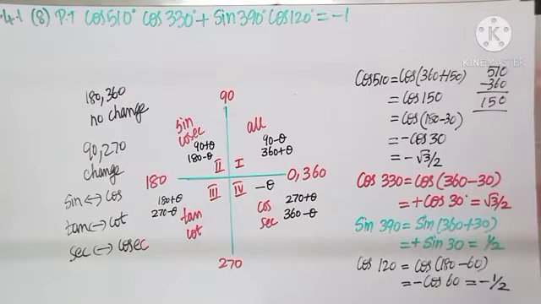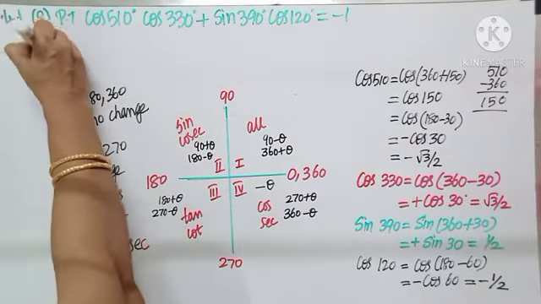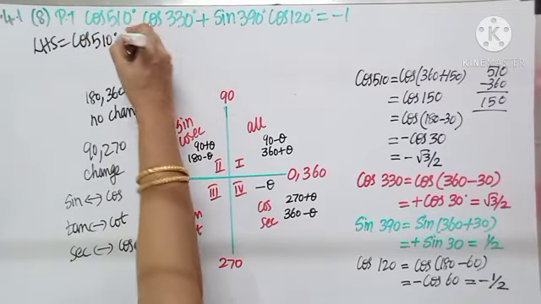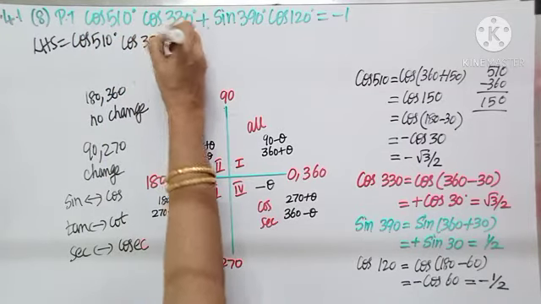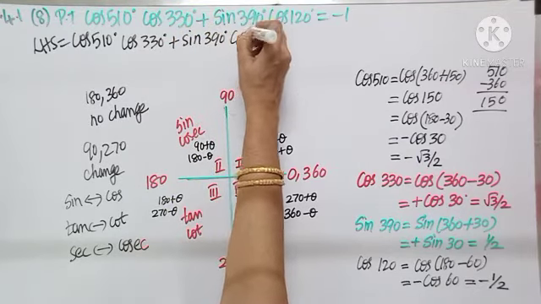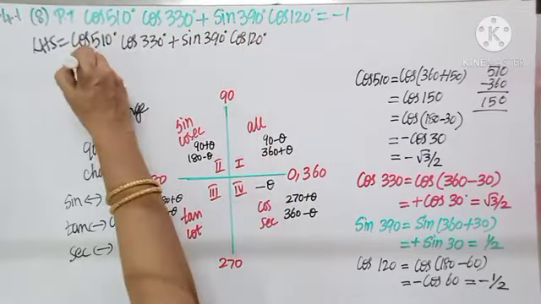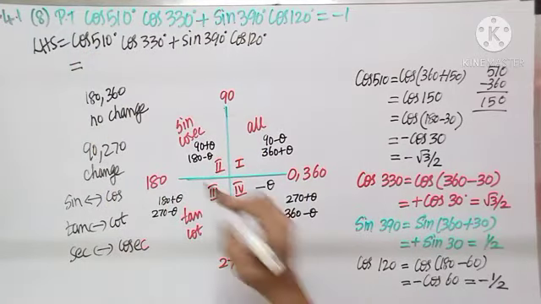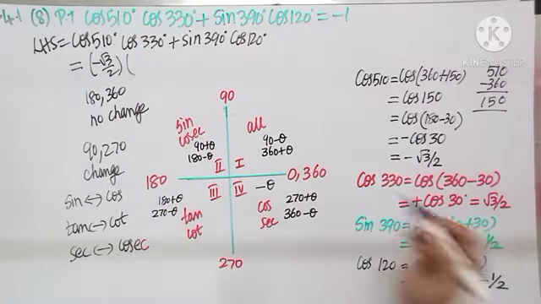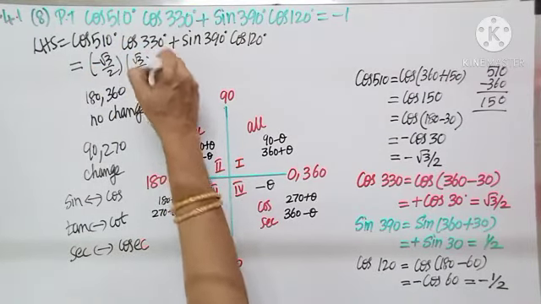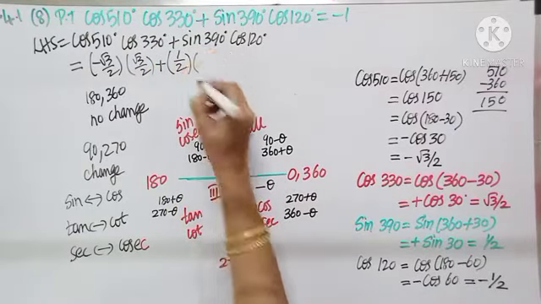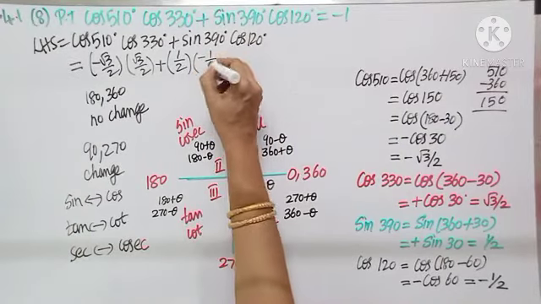Substitute these values in the question. LHS equals cos 510 degrees, cos 330 degrees plus sin 390 degrees, cos 120 degrees. That equals minus root 3 by 2, cos 330 is also root 3 by 2, plus sin 390 is 1 by 2, cos 120 is minus 1 by 2.